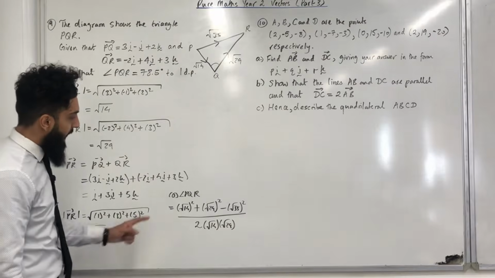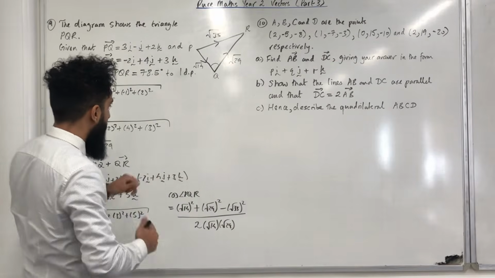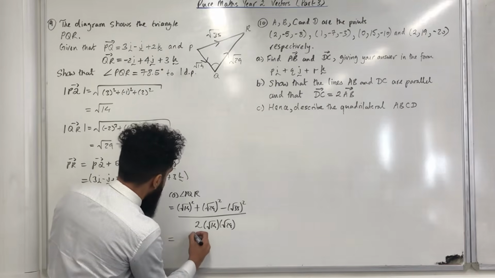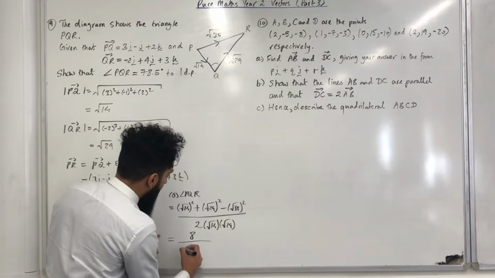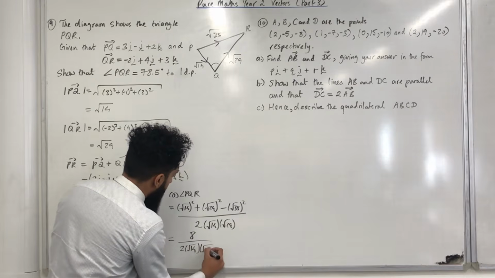We can simplify this by putting it into our calculator. In the numerator I get 8, and in the denominator I can keep it as 2 square root 14 square root 29.